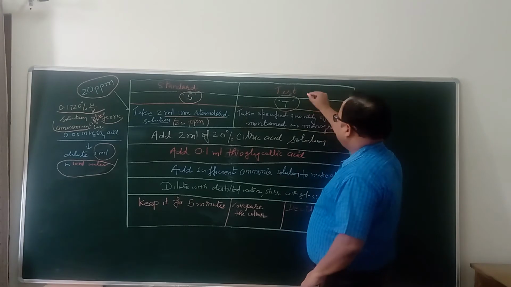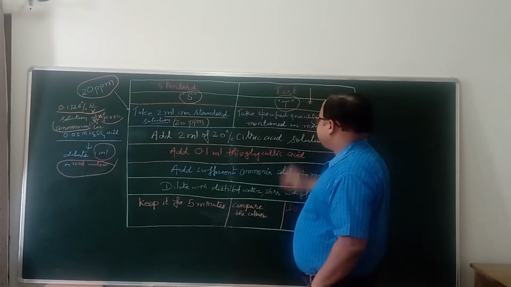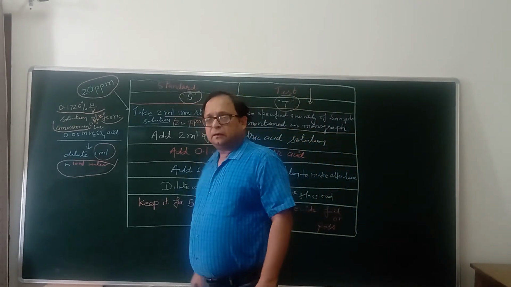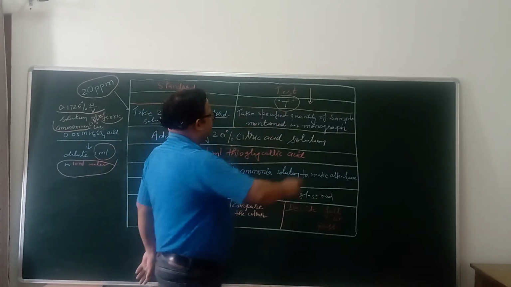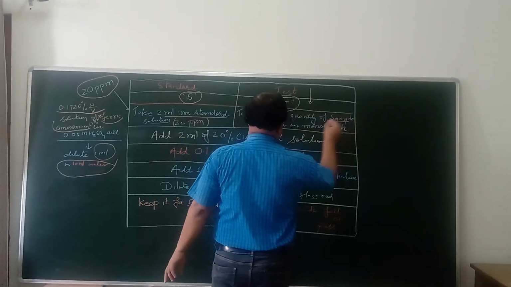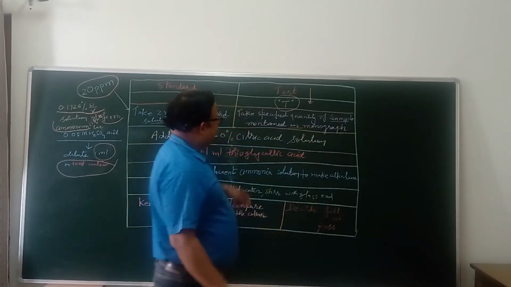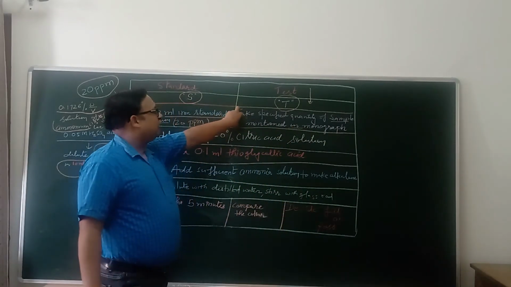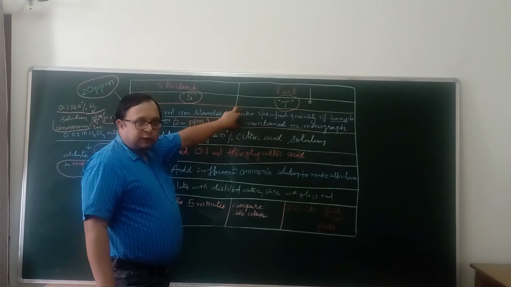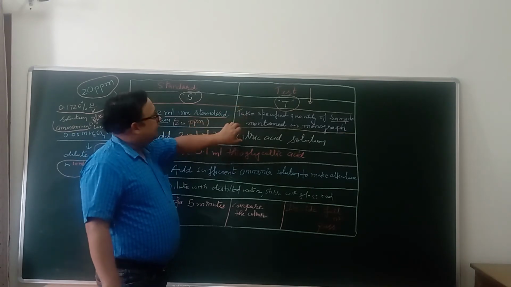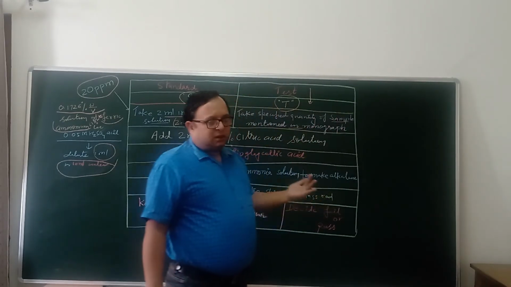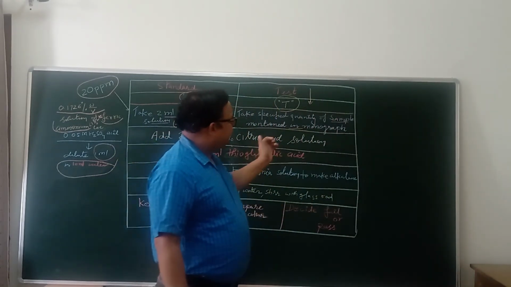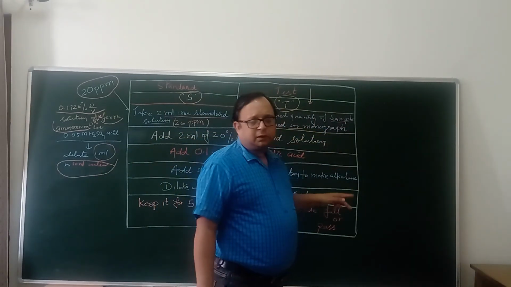Now, in the Nessler cylinder that is labeled T, we will take the specified quantity of the sample. Here I am not mentioning any quantity or volume. Why? Because it will vary from sample to sample as mentioned in the Indian Pharmacopoeia.